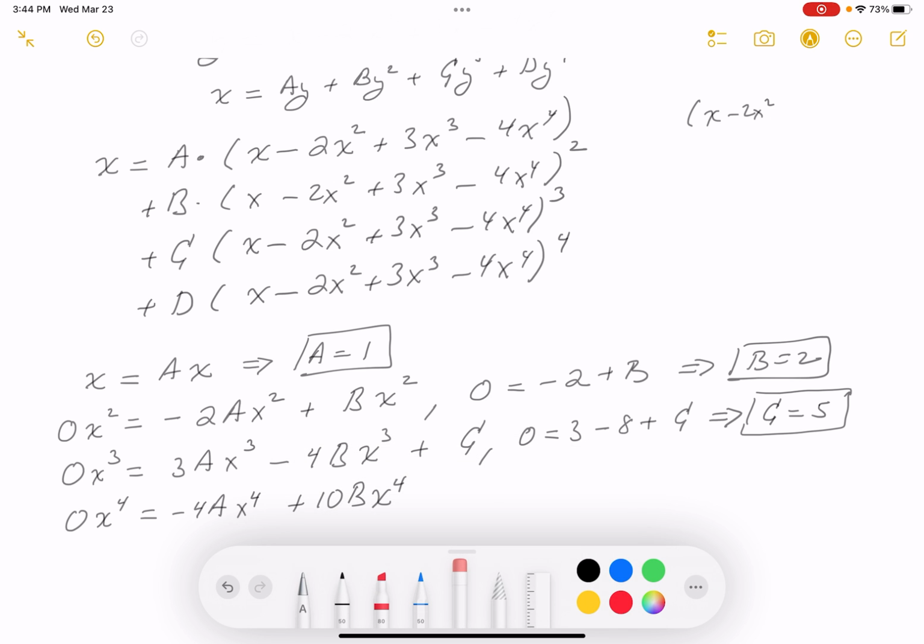That's good news. So what could it be? I got to write 3 factors down, right? So it could be x, minus 2x squared, x. It could be x, x, minus 2x squared. It could be minus 2x squared, x, and x. That's my combinations there. What does that give you? Minus 2, minus 4, minus 6.